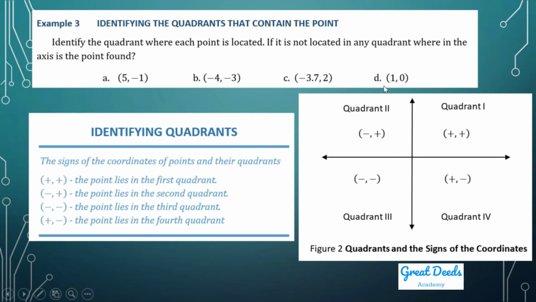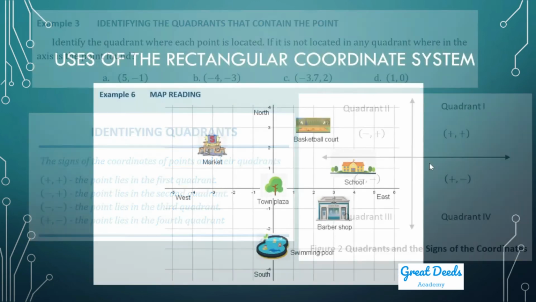How about (1, 0)? This one is positive and this is 0, so it lies on the positive side of your horizontal axis, in particular the positive side of your x-axis.